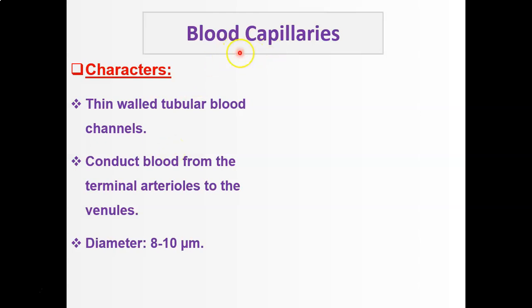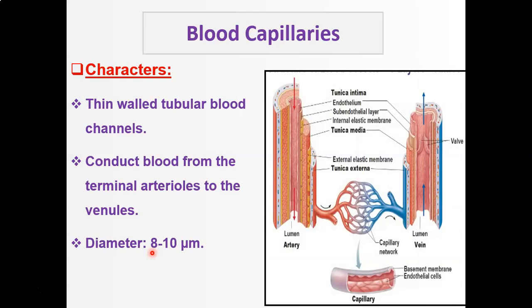It connects between the arterial system and venous system, namely the arterioles and the venules. It conducts blood from the terminal arterioles to venules. Diameter of the capillaries is 8 to 10 micrometer to allow passage of red blood cells. The red blood cells are 7 micrometer.